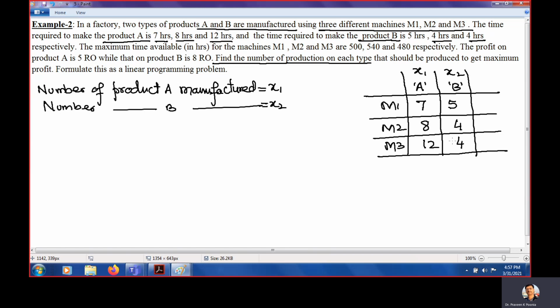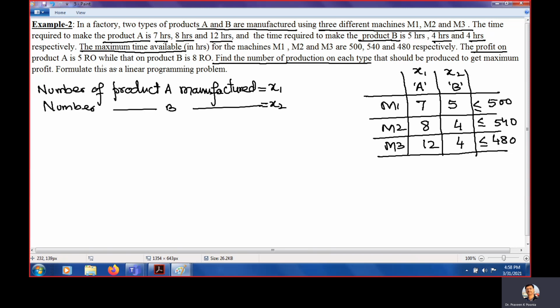Clear? If we read another line, the maximum time available. Maximum means it is the limit. It can be less than, but it is maximum. Maximum 500 hours, maximum 540 hours, and maximum 480 hours on machines M1, M2, M3.